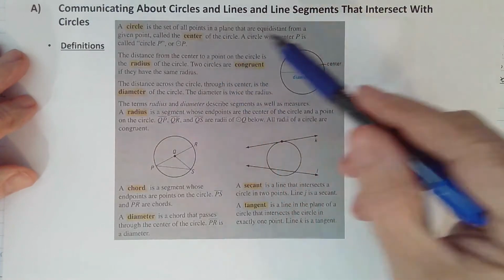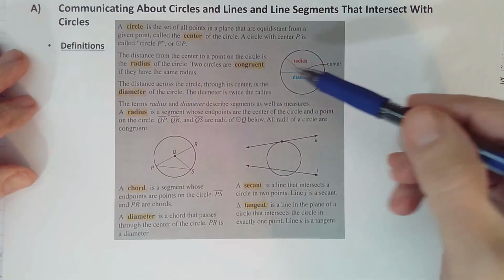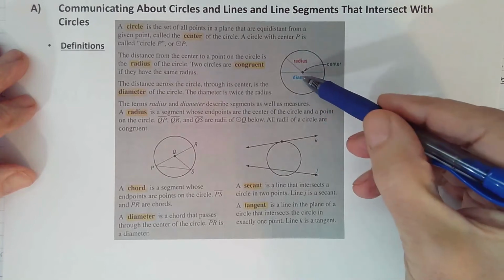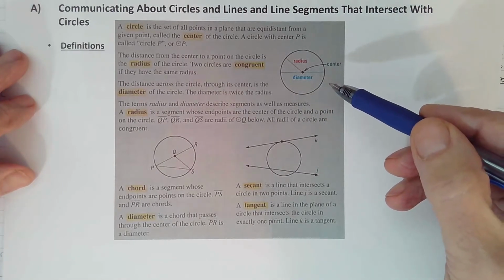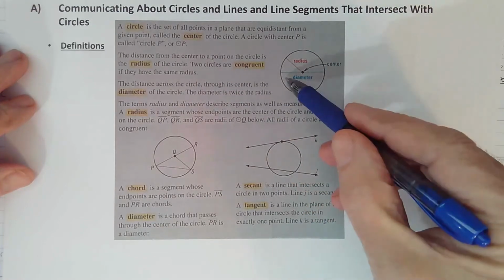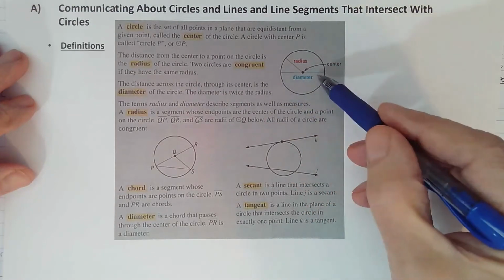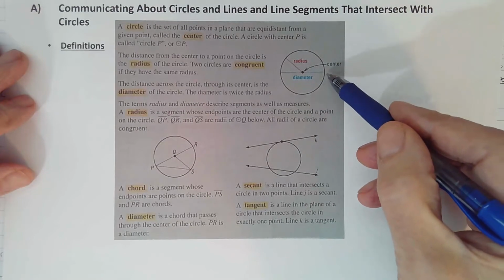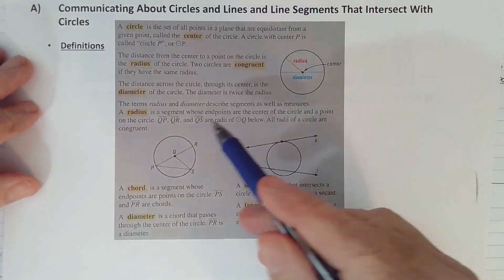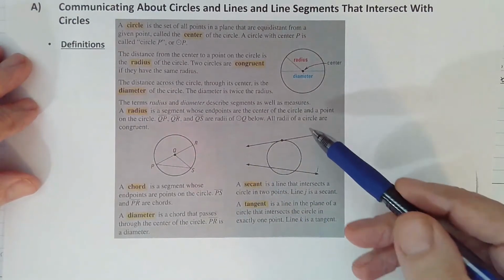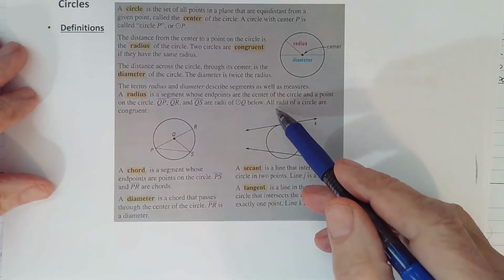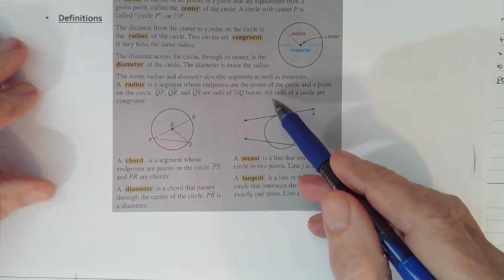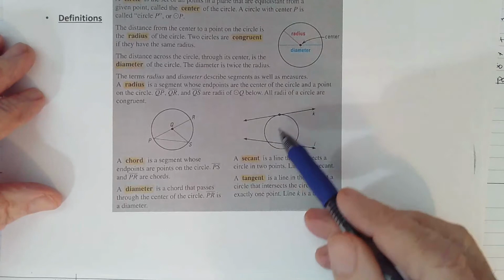So we looked at the circle itself, the radius, which is this part from the center to the edge of the circle, and we looked at the diameter, which goes from one side of the circle to the other side through the center, and then the relationship between the radius and the diameter. The radius is half the diameter, or the diameter is twice the radius.